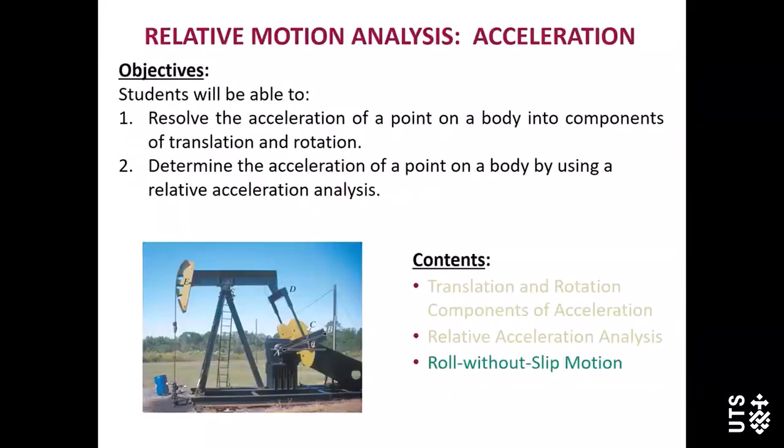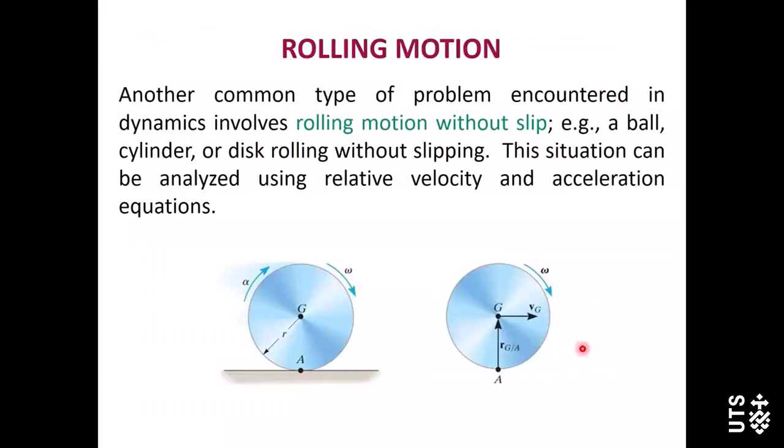As mentioned last week, this week we will focus on roll without slip motion. Rolling motion without slip is a common type of problem. The rigid body can be a ball, a cylinder, or a disc.